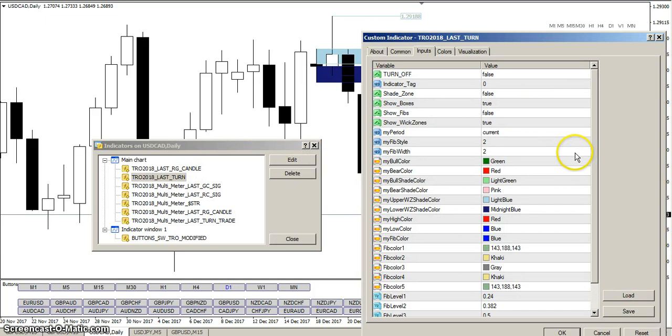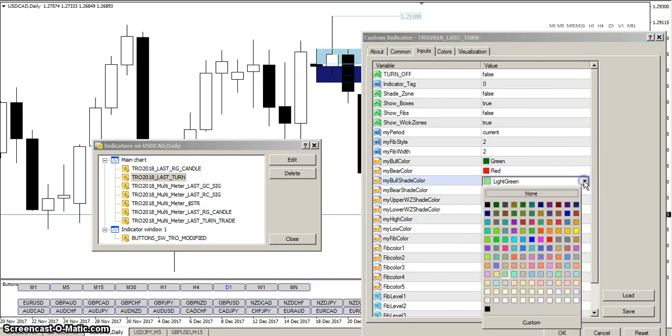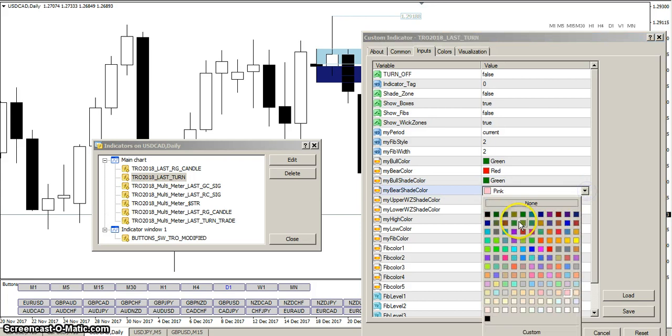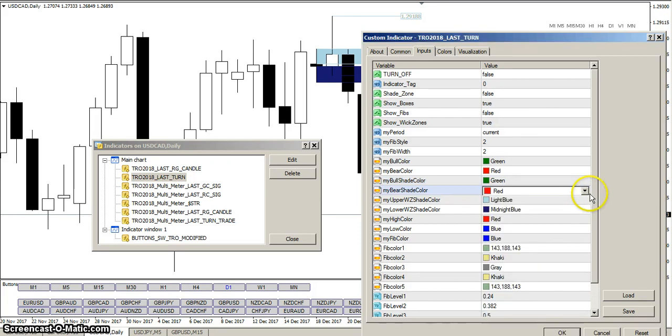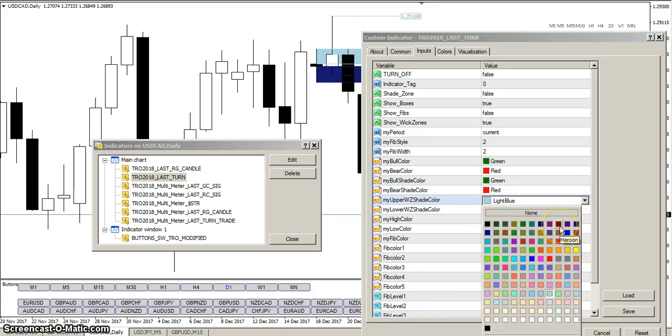So what we could do here is we could go green, red, let's go upper shade. I'm trying to think what colors I want to use here.